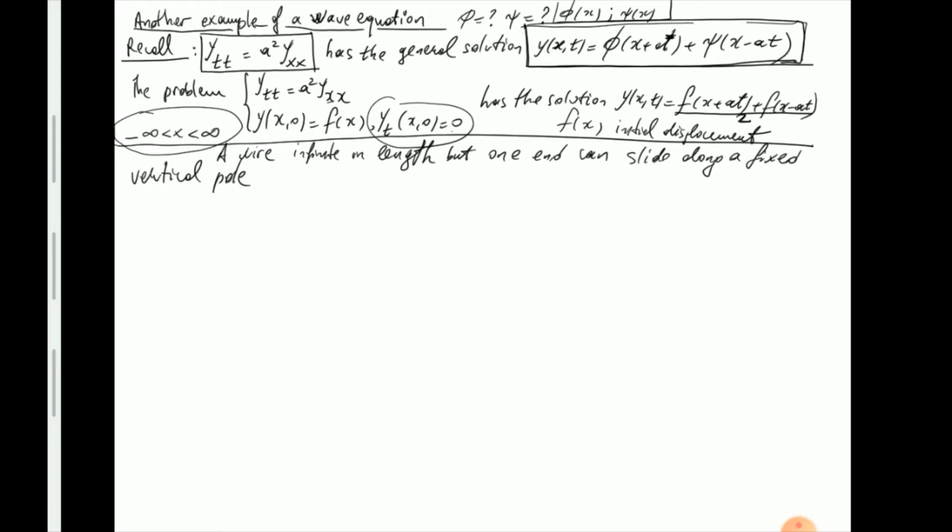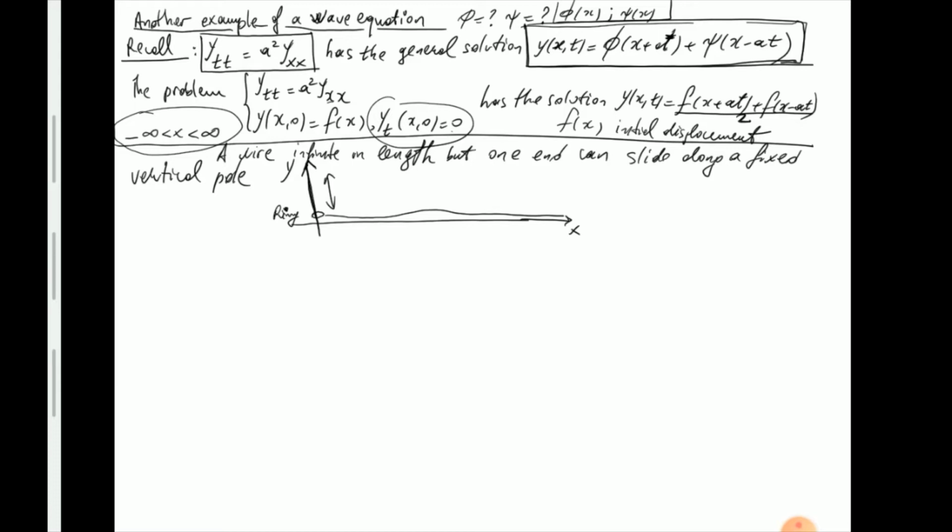So just to illustrate what we're talking about here, let's say the vertical pole that is fixed to the ground corresponds to the y-axis, and you have a little ring here from which the wire is attached, and this ring can move up and down along the vertical pole, which is represented by the y-axis.